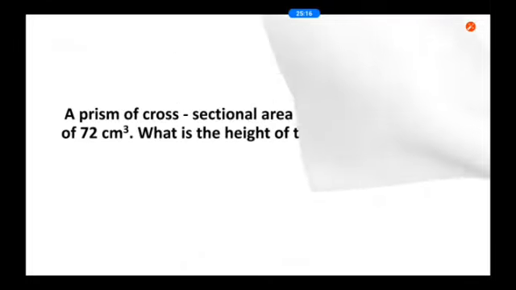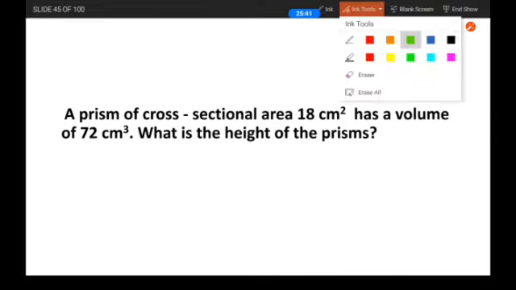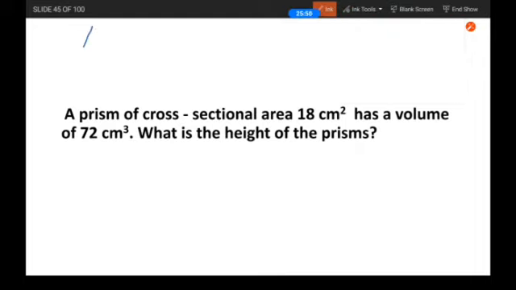So go and check what we have done. Look at this, a prism. A prism is a solid shape, usually with a pointed top, like a cone, with a perpendicular height. A cone is a circular prism. Prisms are named according to their base.